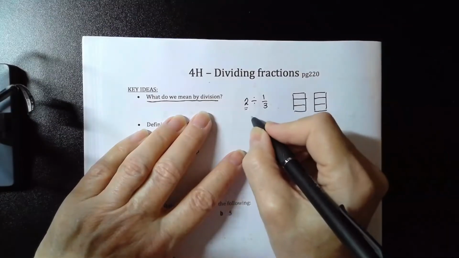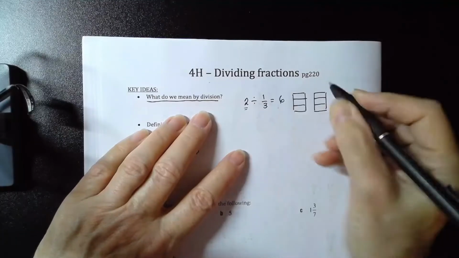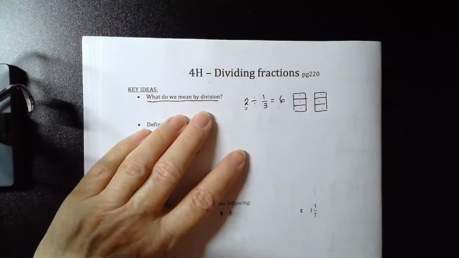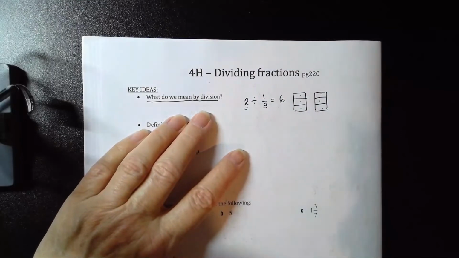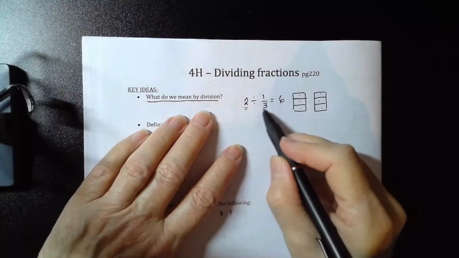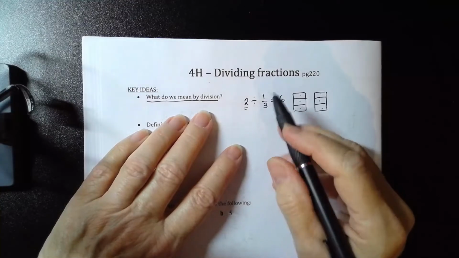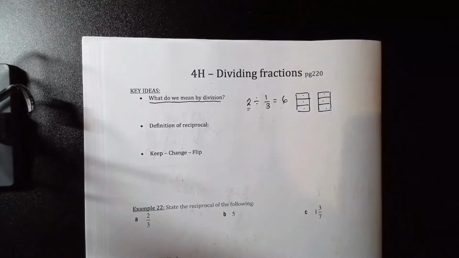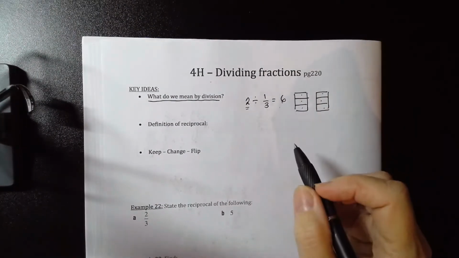So the answer to this question is 6, because there are 6 thirds. And that's what division is. Before we were dividing into 3s or 4s, but now we're dividing into fractions, into thirds. So the answer to this is 6.